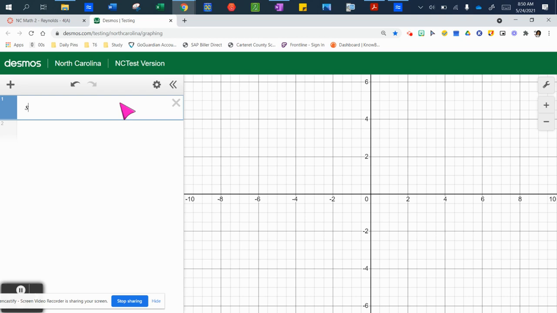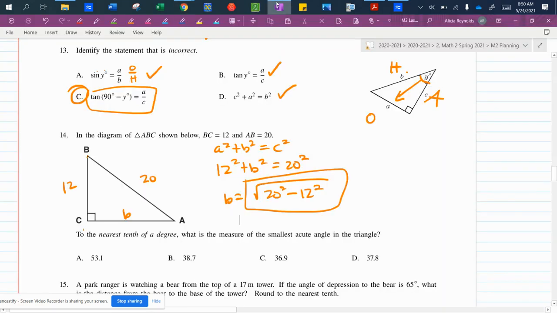SQRT is a shortcut for square root. So what do we get? 16. B is 16.